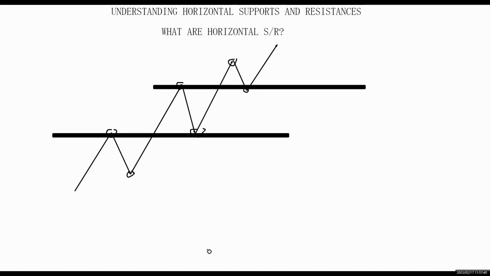So if we understand this horizontal resistance, that means we can actually look for trade opportunities at areas of horizontal supports and resistance. And the same thing applies in the case of a sell as well. When price breaks this, it turns this into resistance, it keeps coming down, turns this into resistance, and it keeps coming back down.